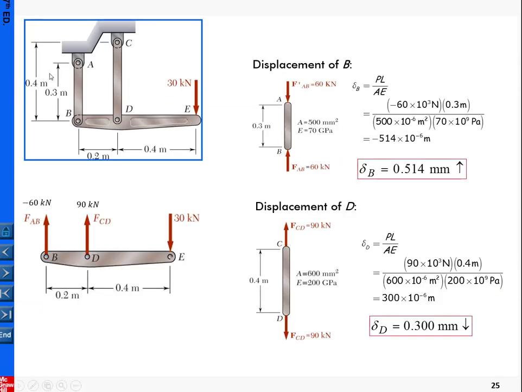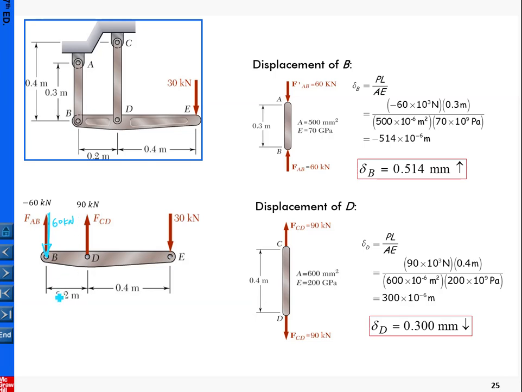So that is our original problem statement, and that is the free body diagram. We solved for FCD as 90, and then FAB is -60. Based upon the assumption that FAB is upward, we got a minus 60, so that means FAB in reality, on this free body diagram, is pointing downward with a magnitude of 60 kilonewtons.